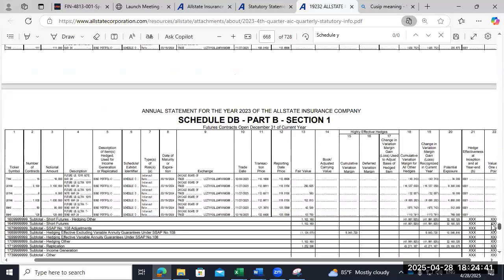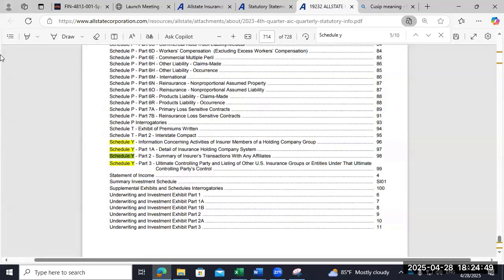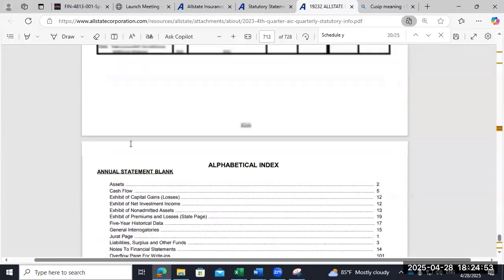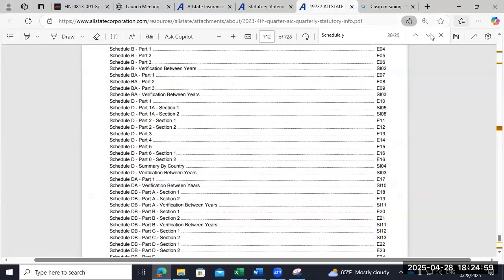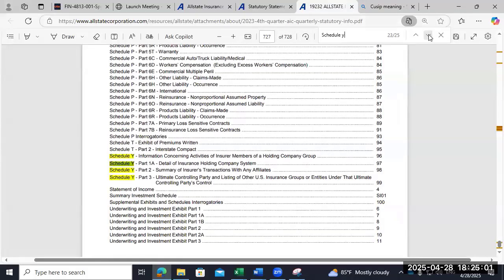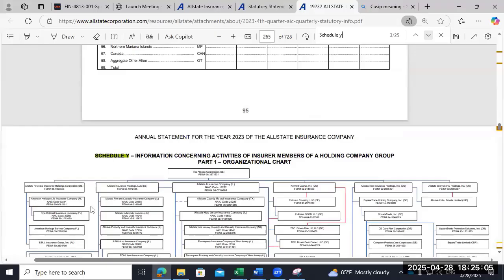That's still Schedule D. This thing's 728 pages long, probably 600 of it or more is the schedule. Here's Schedule Y. I'm about to pass it up here. Schedule Y, even though it's down below. There it is, Schedule Y.